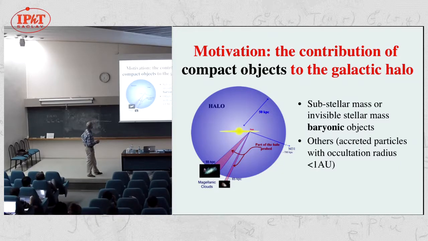So the microlensing survey started with monitoring of the Magellanic Clouds, which are just at the limit of the galactic halo, with the intent of probing the line of sight between the sun and the galactic halo, crossing the largest possible fraction of the galactic halo.